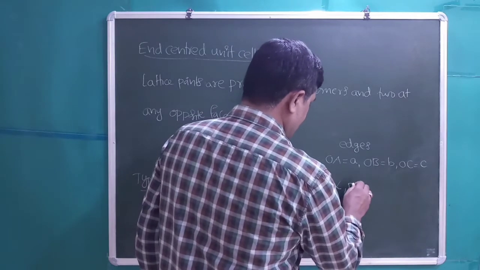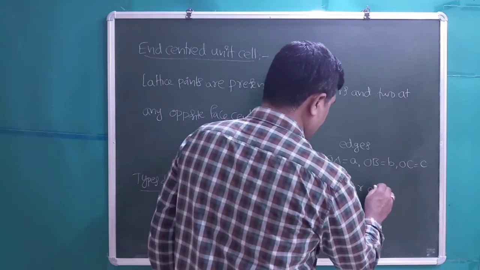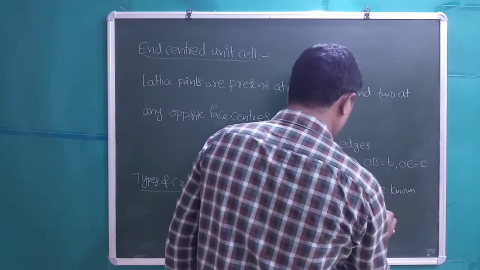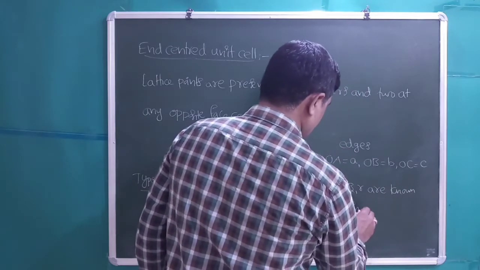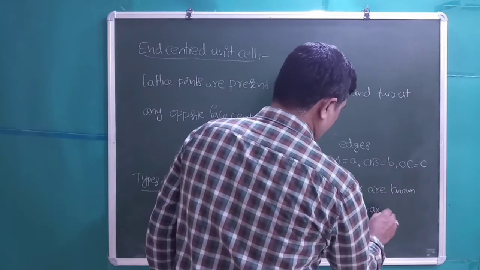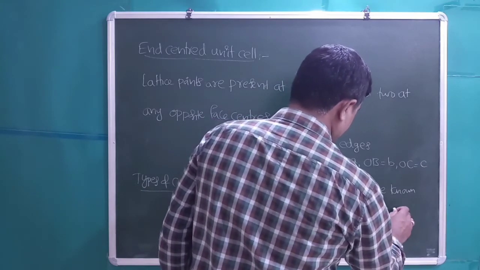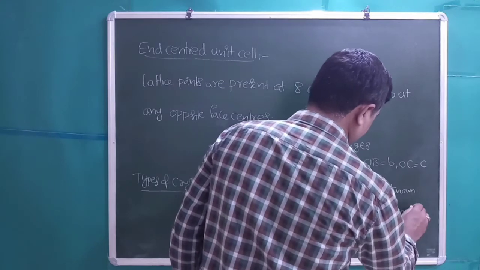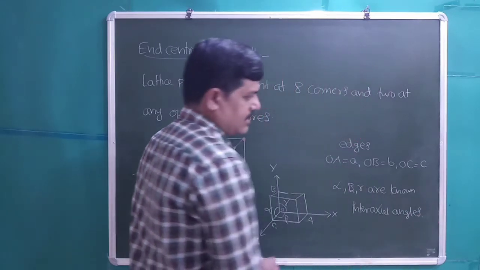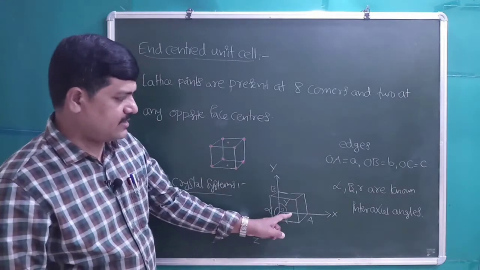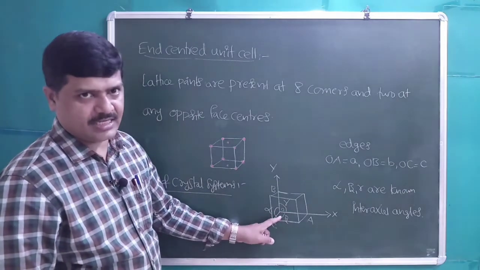Alpha, beta, gamma are known as interaxial angles, and A, B, C are known as edges, right?